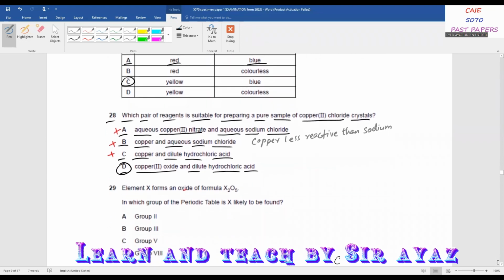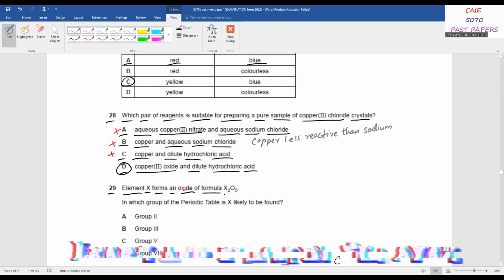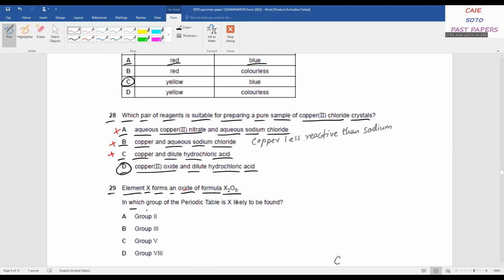Number 29. Element X forms an oxide of formula X2O5. In which group of the periodic table is X likely to be found? A. Group 2. If you look at the formula, this is X2O5.